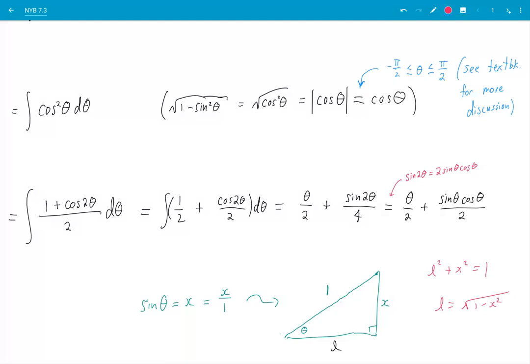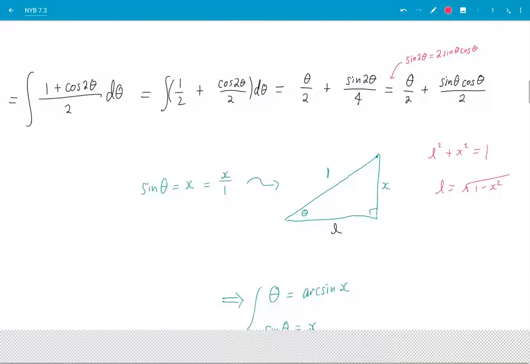Now, what we're going to do is use this triangle to find, well, we know what sine theta is, right? Sine theta is just x, no problem there. Cosine theta, I can look at this triangle and say cosine is SOHCAHTOA: cosine is adjacent over hypotenuse. So that's what I write down here.